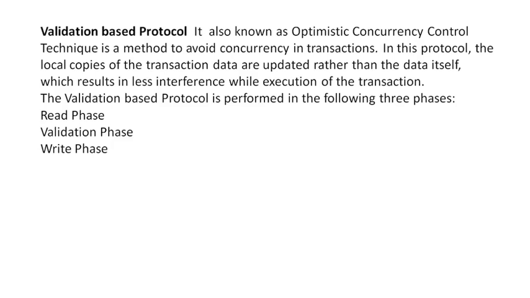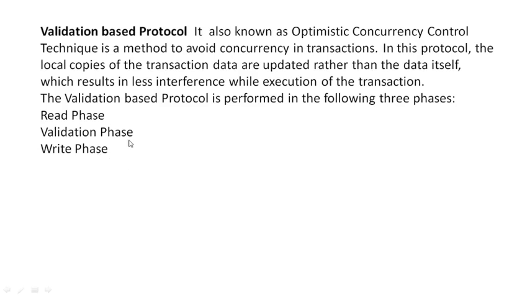In the read phase, the data values from the database can be read by the transaction, but the write operations or updates are only applied to local copies. They will not be applied to the actual database in this phase. In the validation phase, the data will be checked to ensure that there is no violation of serializability. After that, it comes to the write phase.